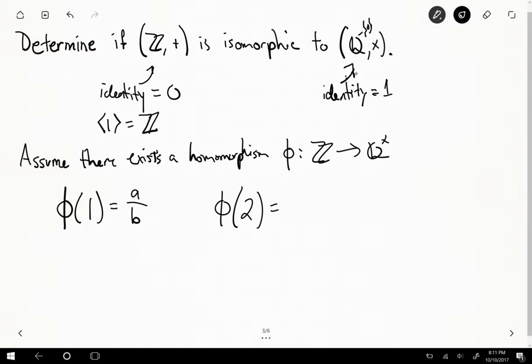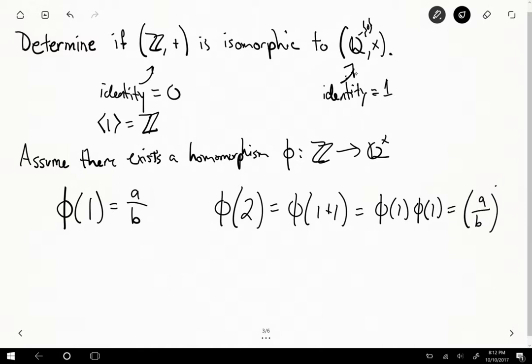This should equal phi of 1 plus 1. If this is to be a homomorphism, that means it has to be phi of 1 multiplied by phi of 1. So this would be a over b, the quantity squared.